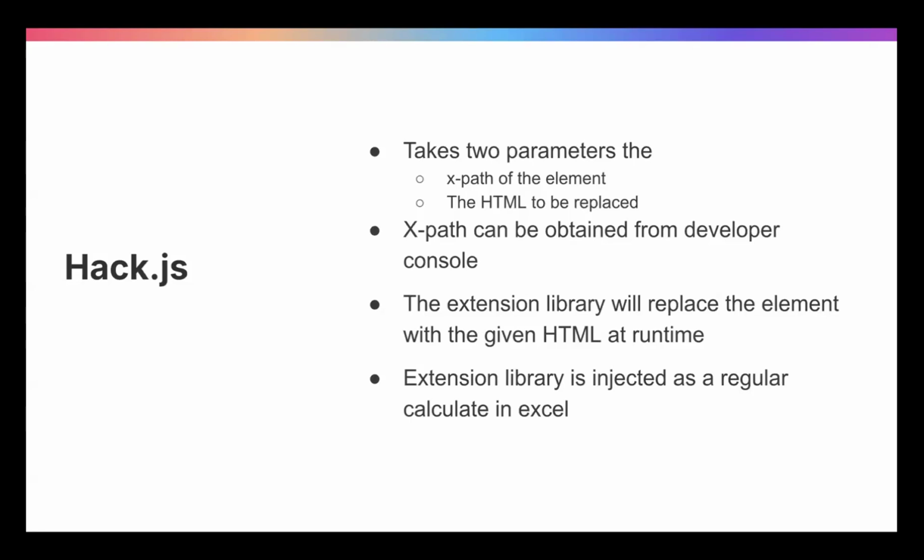And the extension library will replace the element with HTML at runtime. To include that, we include the extension library as you do in all CHT forms. But I will show you after the slides how we did it in the Excel form.